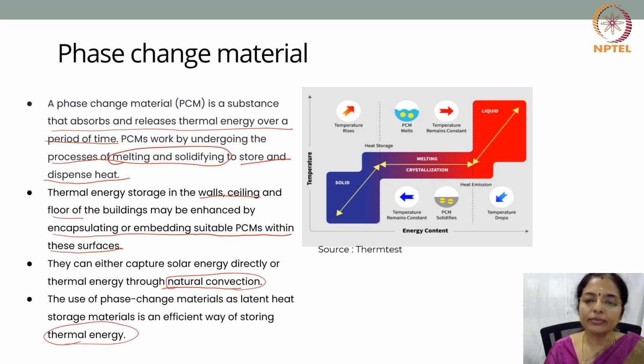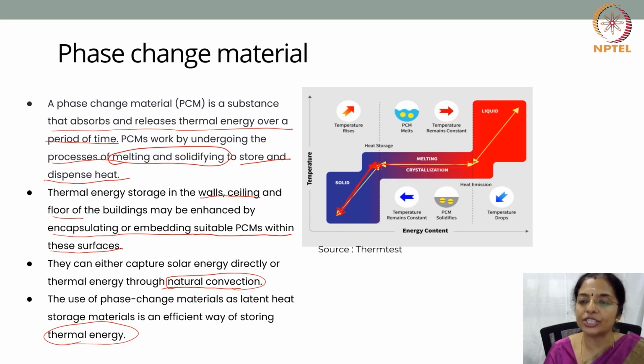So, as the temperature rises, the phase change material starts to absorb the heat and slowly change its phase. When it changes its phase, it stores the energy, and the vice versa is true when it cools.